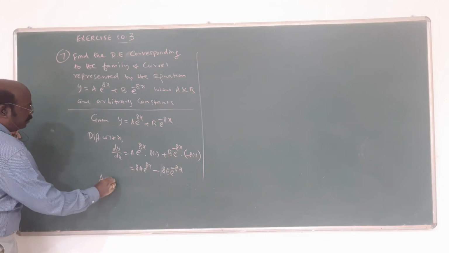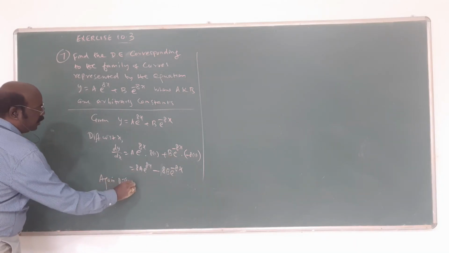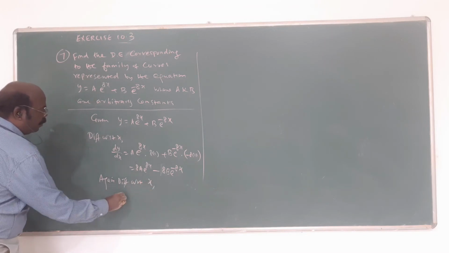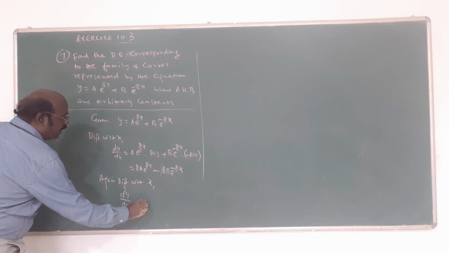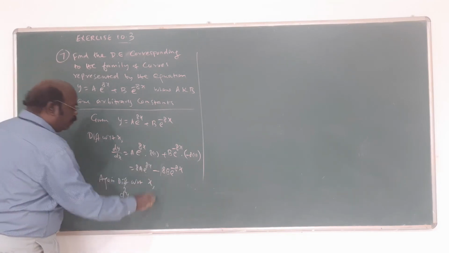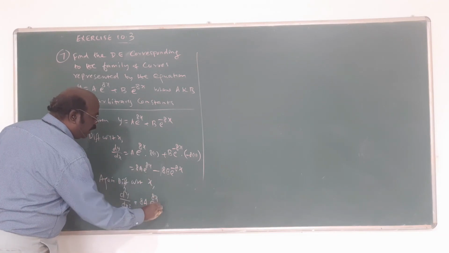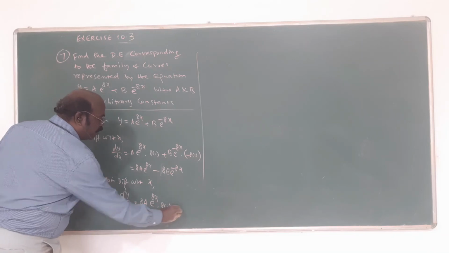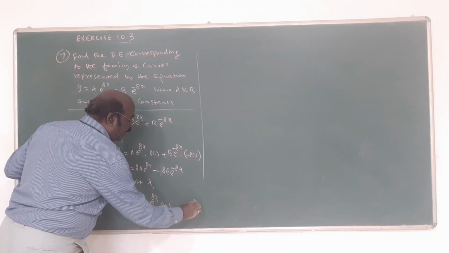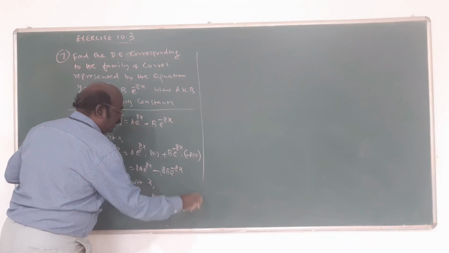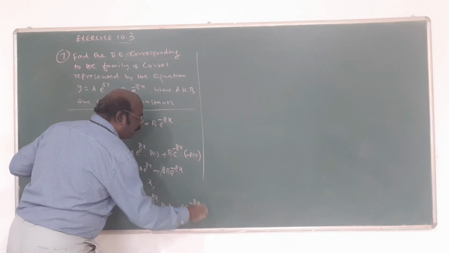Now again differentiate with respect to x. d²y/dx² equals 8a, which is constant, times e^(8x) into 8, and 8b is constant, e^(-8x) into minus 8.